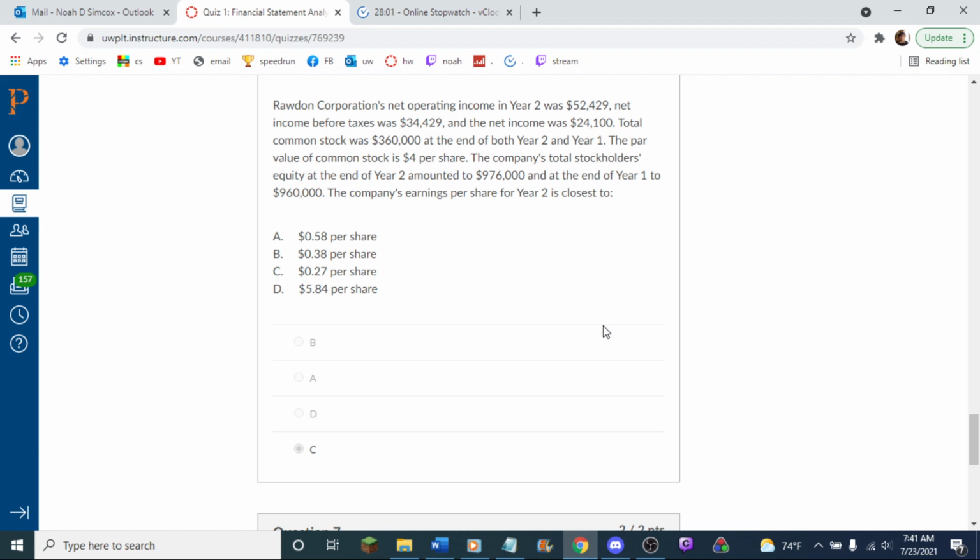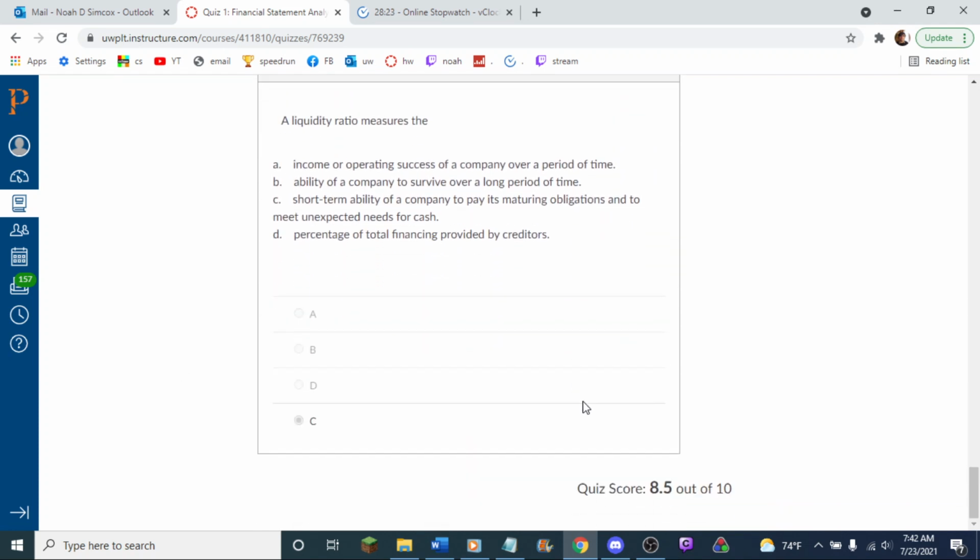Do you do 360,000 divided by 4, and that's how many common shares of common stock there are? I think that's how it is. There's 90,000 shares, so you do 24,100 divided by 90,000, and you get 26.7, which is 27, which is C. Okay, I got it. But that's a weird question.